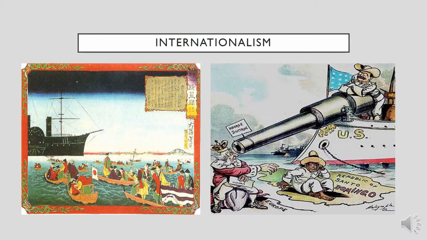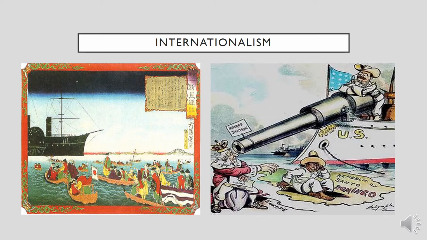And so here is a visual representation of gunboat diplomacy. On the left, you see a Japanese rendering, the large American naval vessel and the traditional Japanese vessels. And on the right, you see gunboat diplomacy in Latin America. There, Theodore Roosevelt is enforcing the Monroe Doctrine and fighting against Spain.